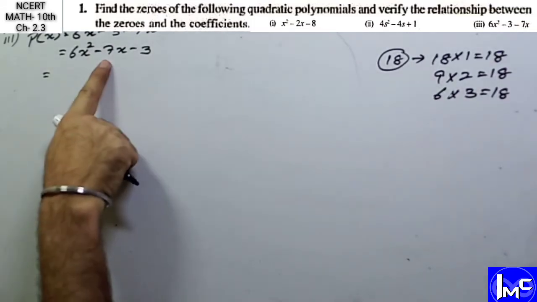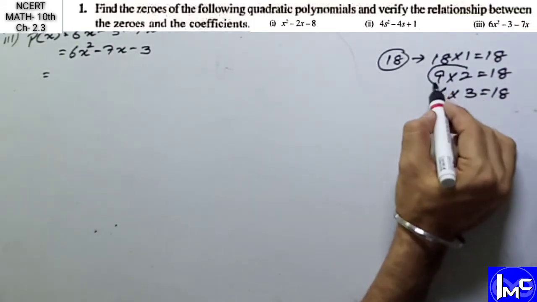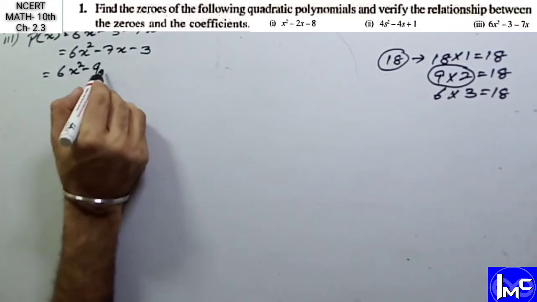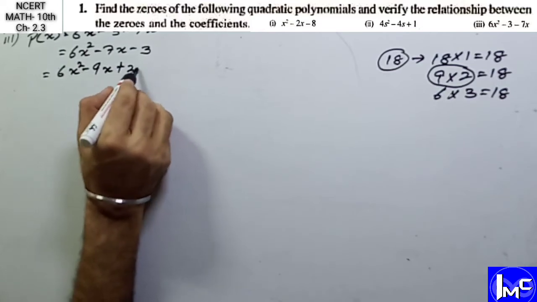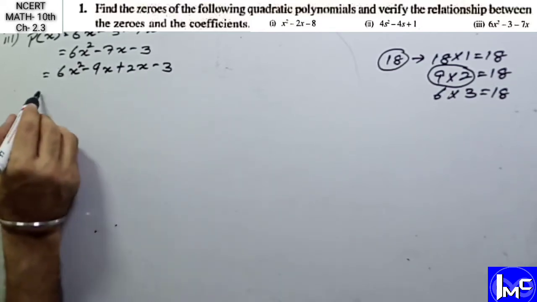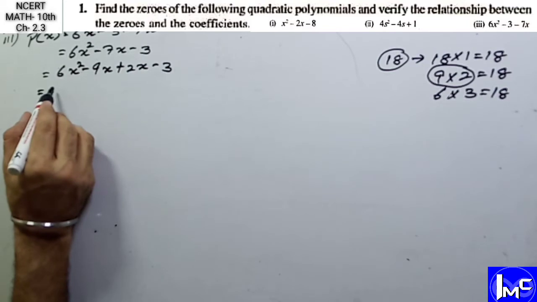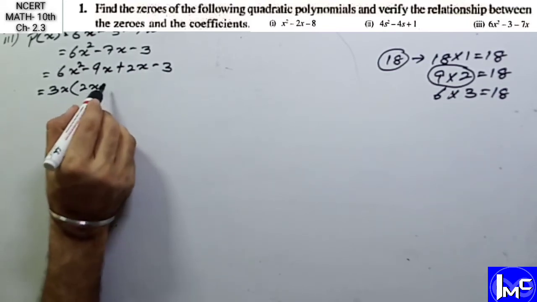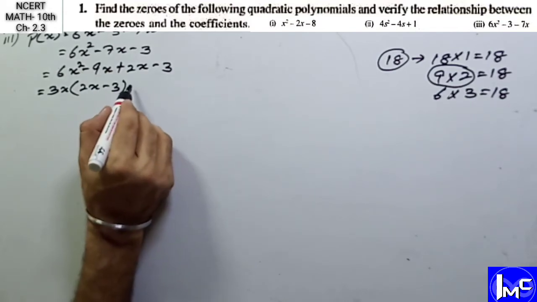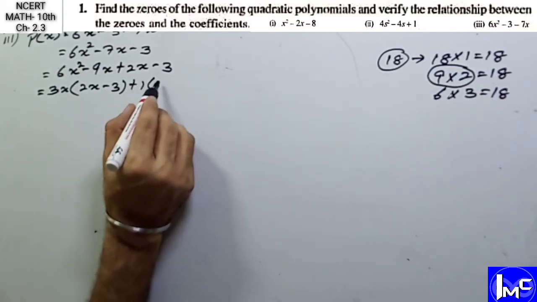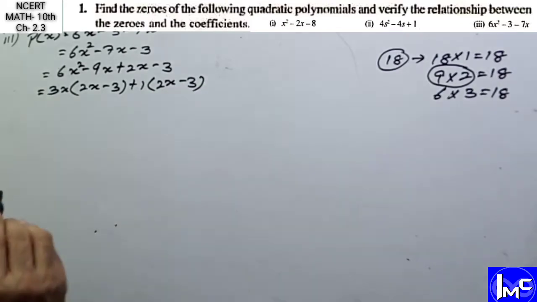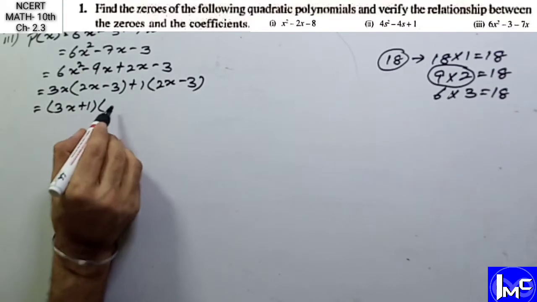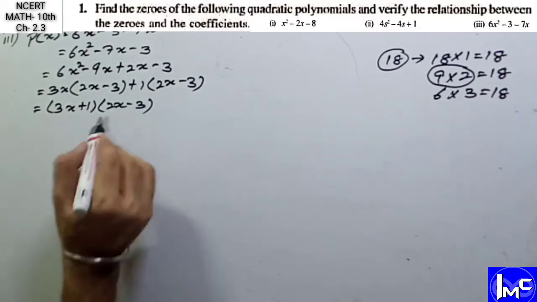Now we need 7 and this pair will be used. 6x square minus 9x plus 2x minus 3, and 3 is common between these: 3 times (2x minus 3) plus 1 times (2x minus 3), and the factors are 3x plus 1 and 2x minus 3.